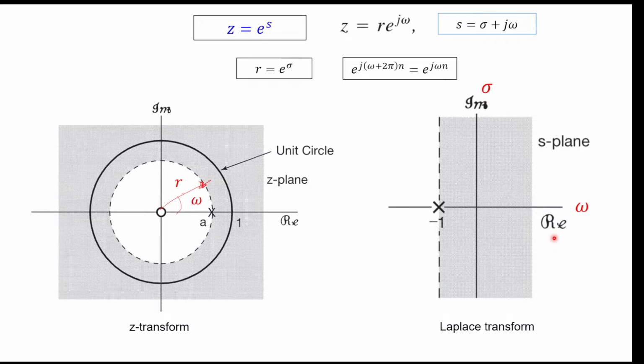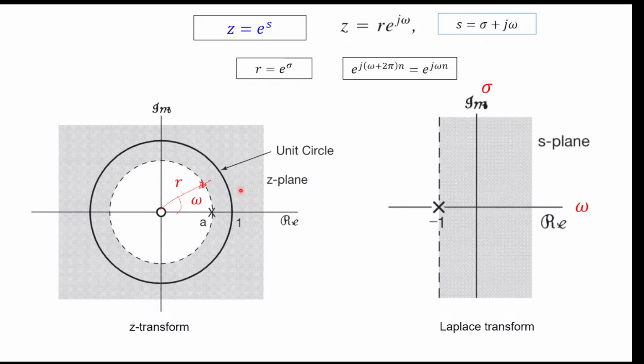We spent a lot of time learning it, and we have those ROCs and pole zero plots. Most of the time we deal with rational functions, so our ROCs are bounded by those poles. Maybe we have a pole at minus one, and the ROCs are those straight strips, maybe minus one to plus infinity, etc.